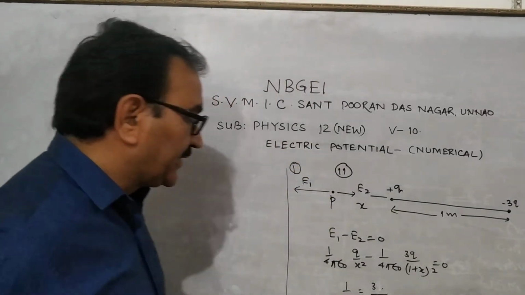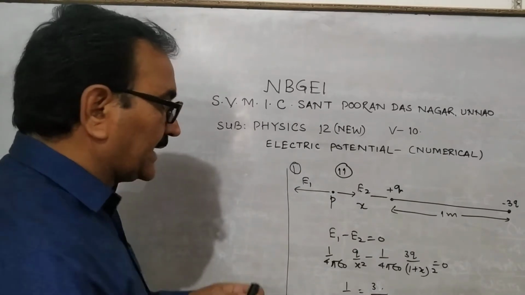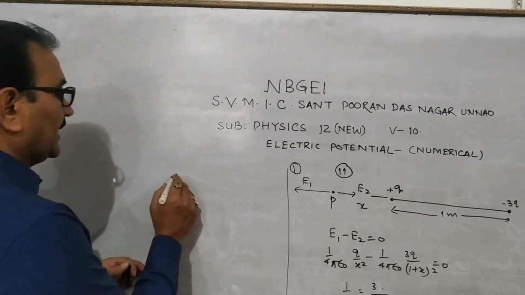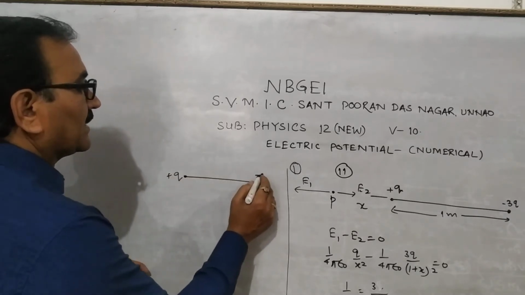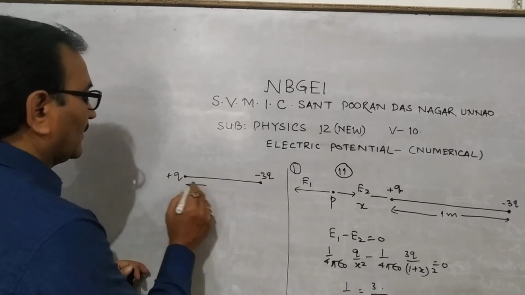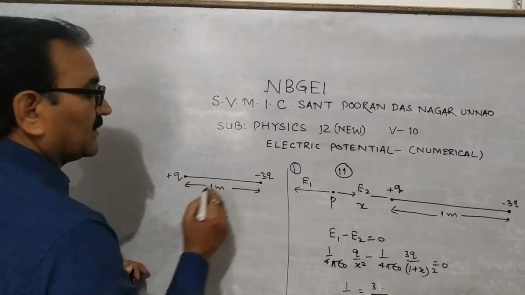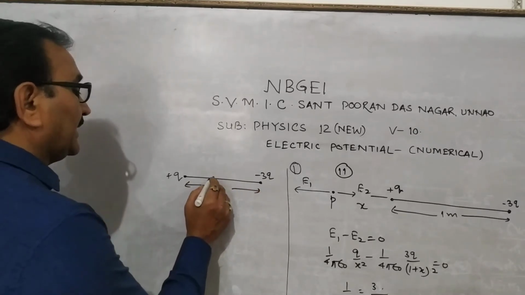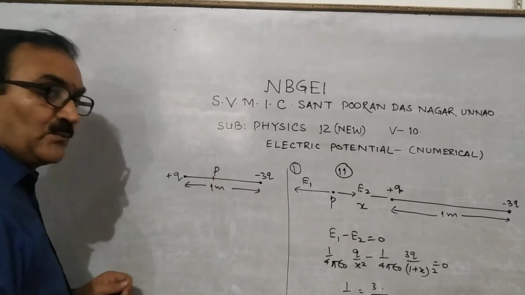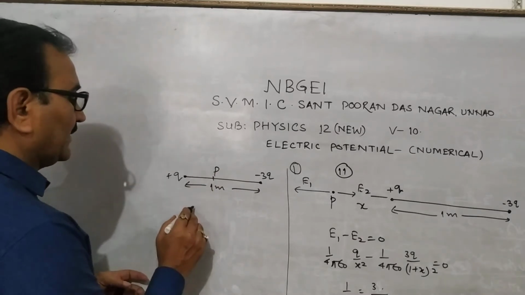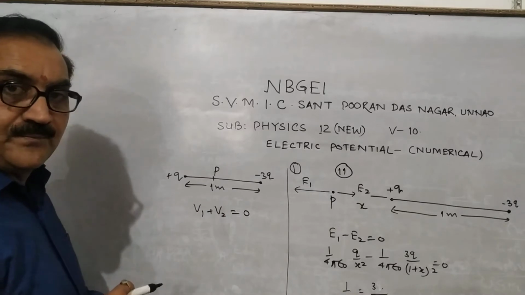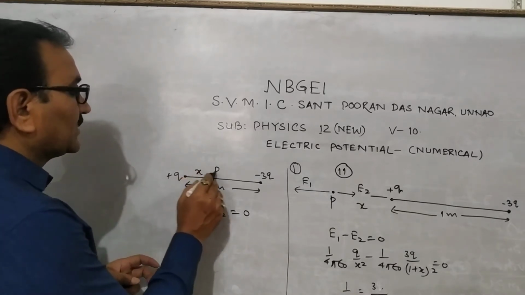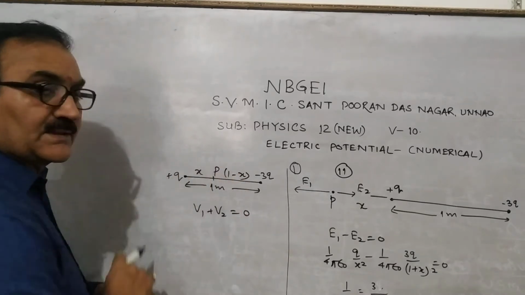So suppose we take the point inside the charges. Here this is plus q and this is minus 3q, at 1 meter. Take point P. At this point your potential should be 0, that means V1 plus V2 is equal to 0. So this is x, so this becomes 1 minus x.